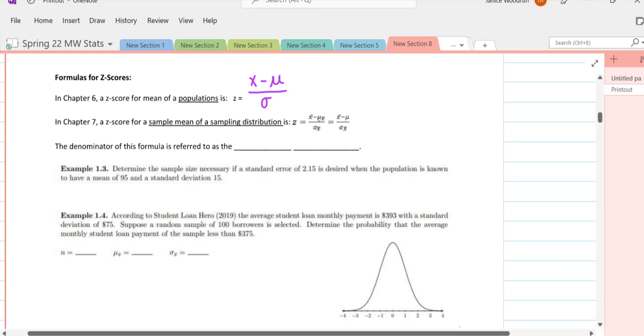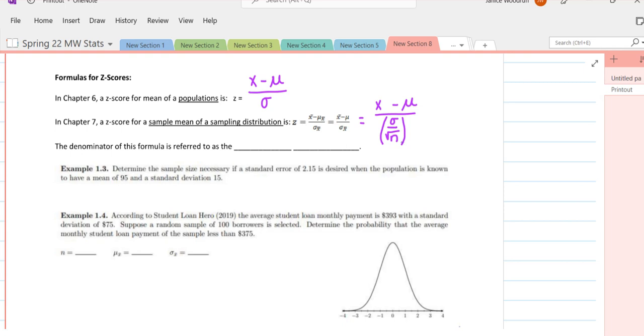It is x bar minus the mean of x bar over the standard deviation of x bar, which ends up being x minus the mean divided by the standard deviation of the population over the square root of the sample size. So the denominator is different. The denominator of this formula is referred to as the standard error.